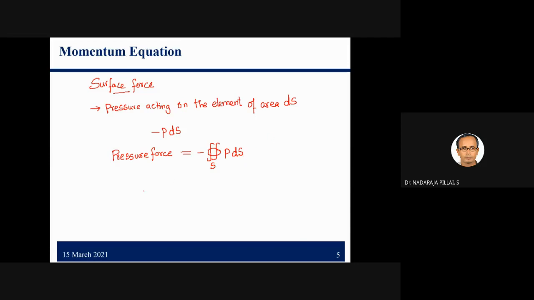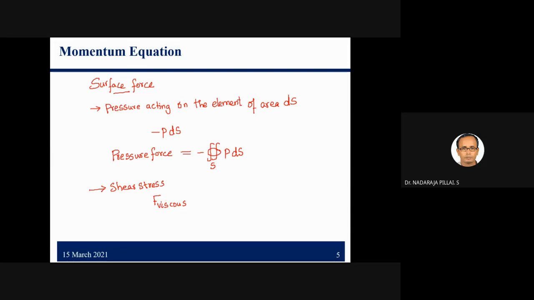So next point is shear force or shear stress, right? Shear stress we consider. So at the moment we don't go deep into the shear stress, and hence we write this as F viscous. F viscous is the viscous force.